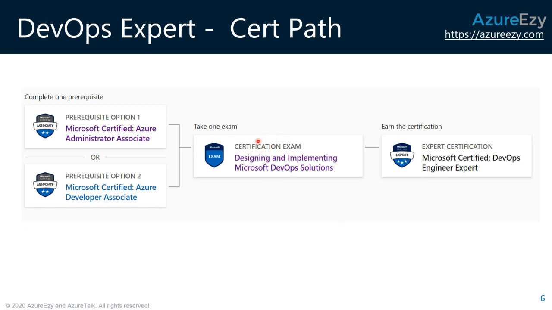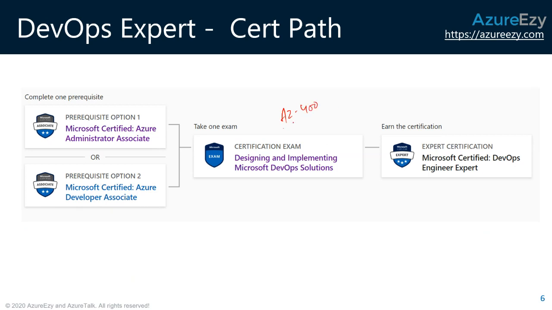You can take AZ-400 and pass, but if you want to get the badge of this certification, you must have either of these two certifications. You can take the exam without having these two exams, no issues there.